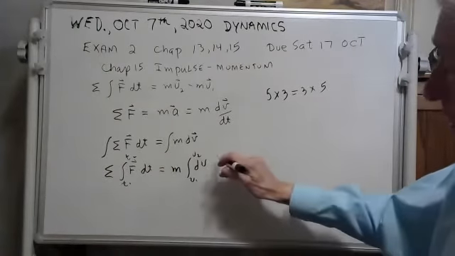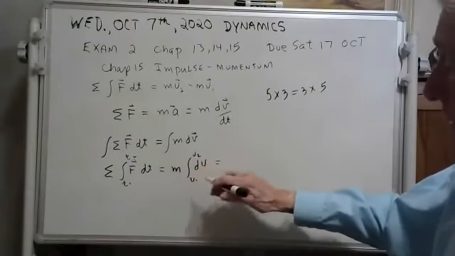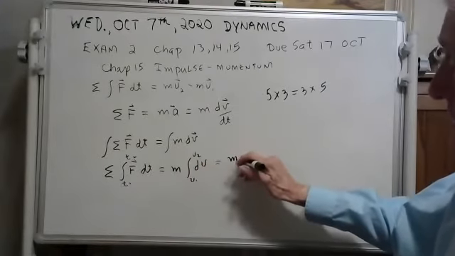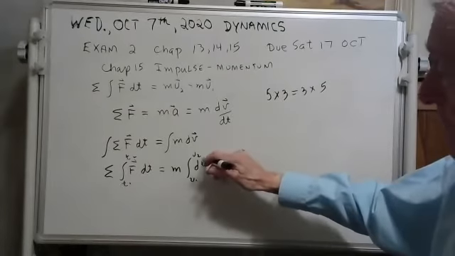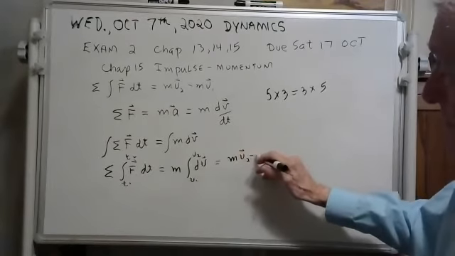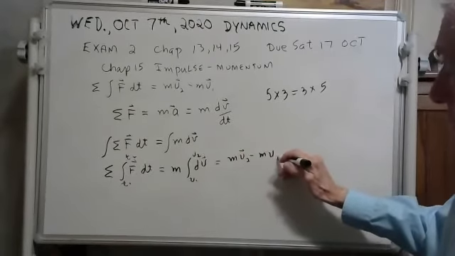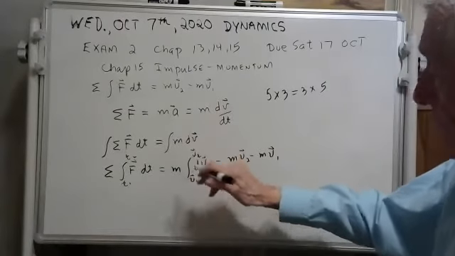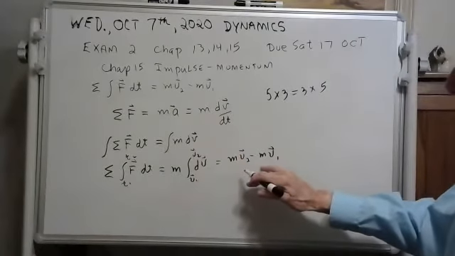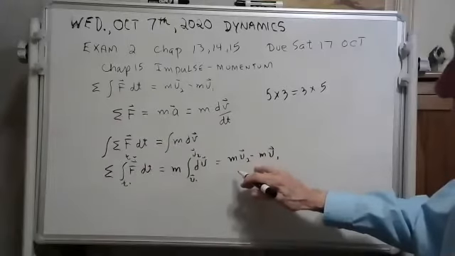Okay. Now when you integrate this, you're just going to get mv2 minus mv1. See, these really are vectors. And by Jove, we're done.